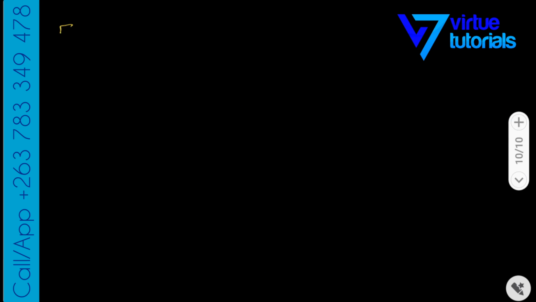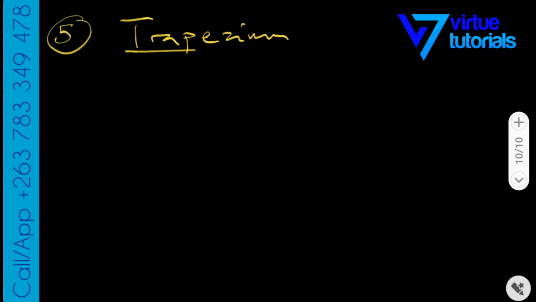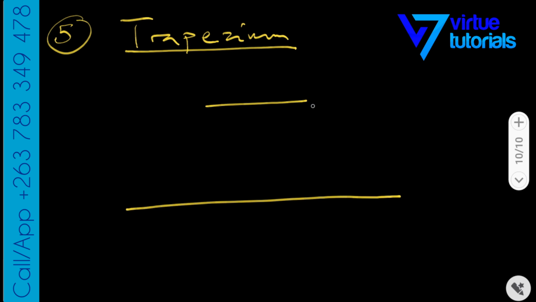Our fifth shape is a trapezium. A trapezium has only one pair of sides that are parallel. I have a side here and a side there, and these two sides are parallel.